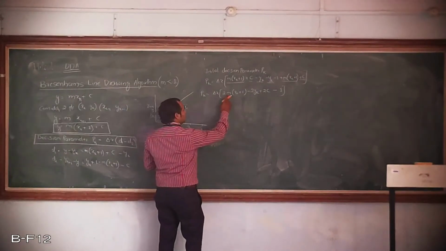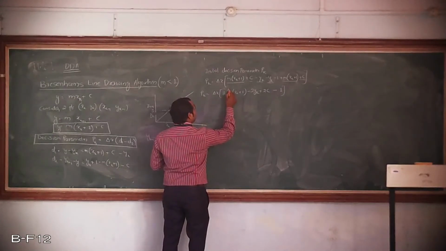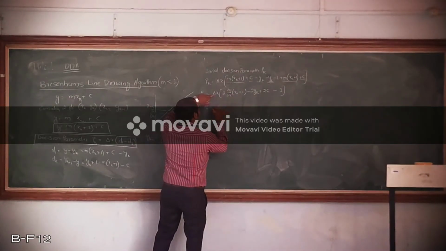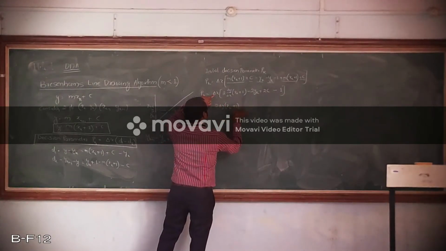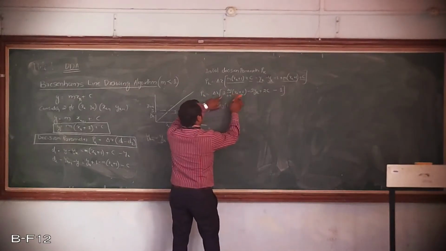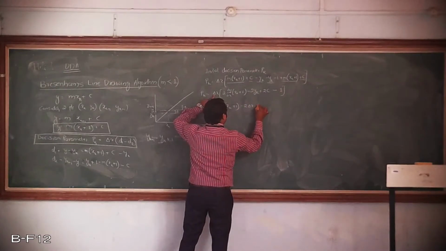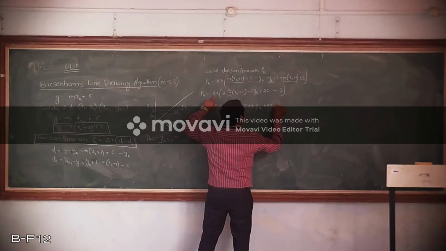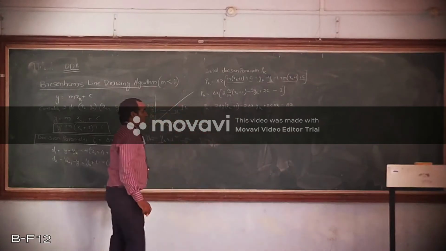I can substitute slope m as delta y by delta x, and I will try to simplify this. Pk is equal to this and this will get cancelled. That is 2 delta y into xk plus 1 minus 2 delta x yk plus 2c delta x minus delta x.